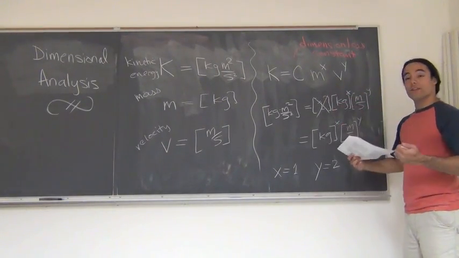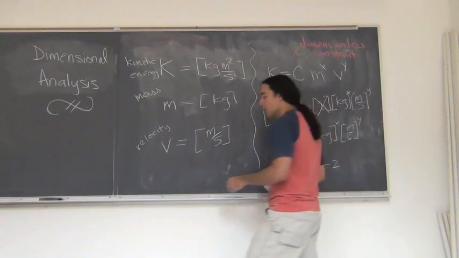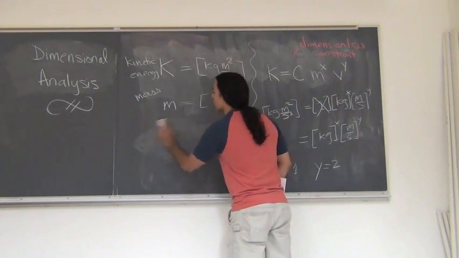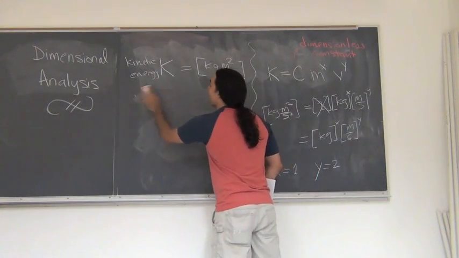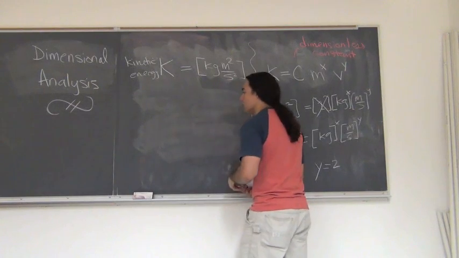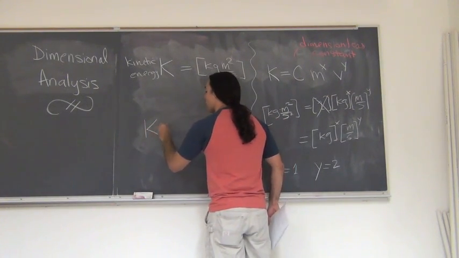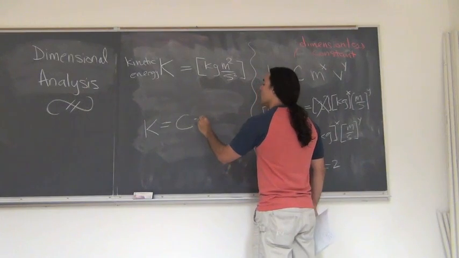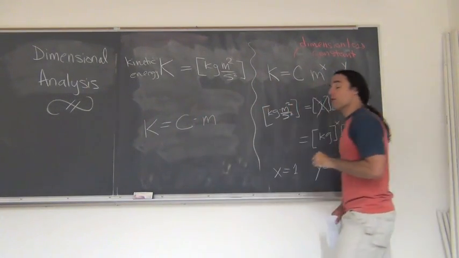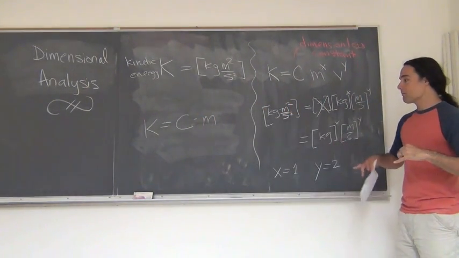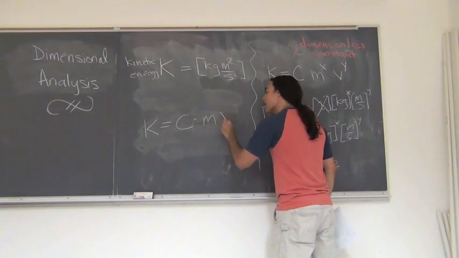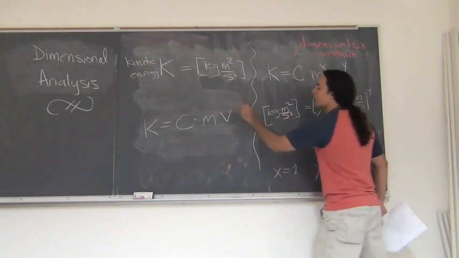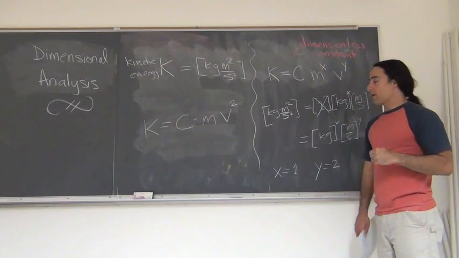If I want to write my equation out with those exponents, we can see that my kinetic energy is going to be given by some constant, I don't know the constant, times the mass to the first power, which I'm just going to write as m, times my velocity, but I know my velocity has to be to the second power, so it'll be v squared.